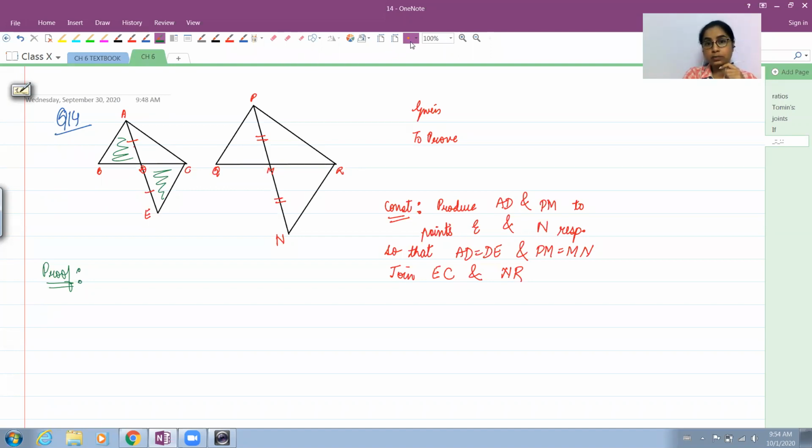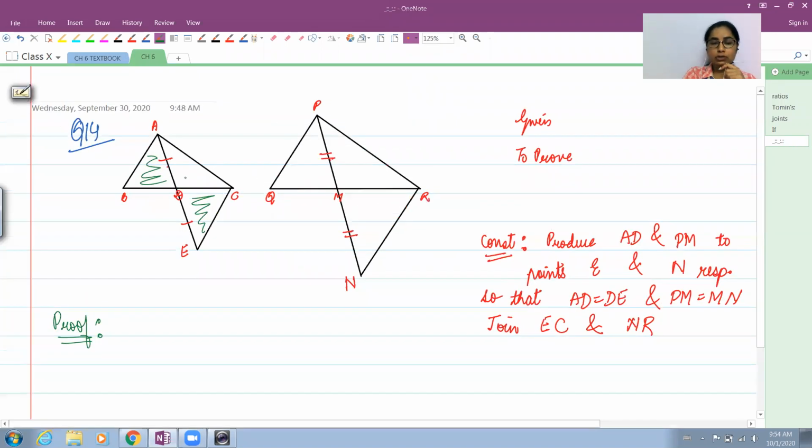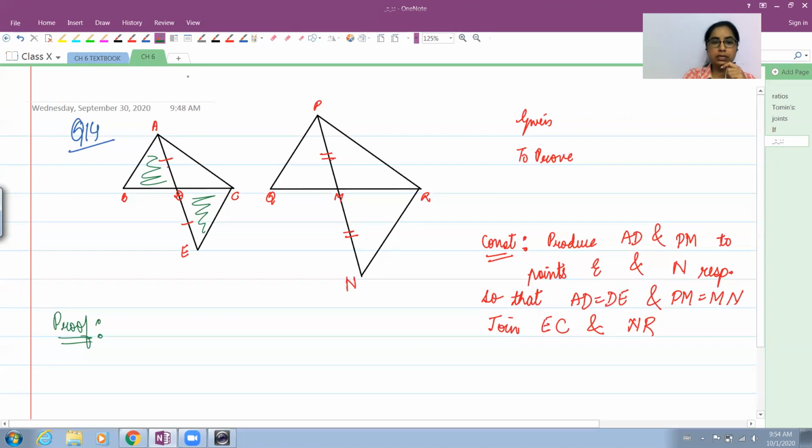Anyone? If you observe closely, एक कंस्ट्रक्शन हमने की है, कंस्ट्रक्शन के अकॉर्डिंग AD is equal to DE, but since AD was the median of the triangle, what I can say is that the base BD is equal to the base DC for the two triangles. Yeah, BD is equal to CD.